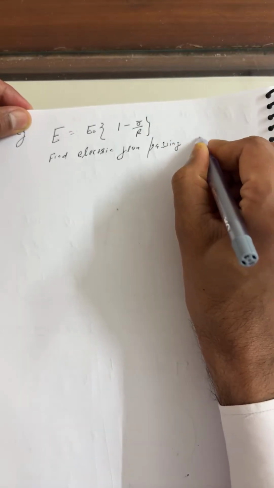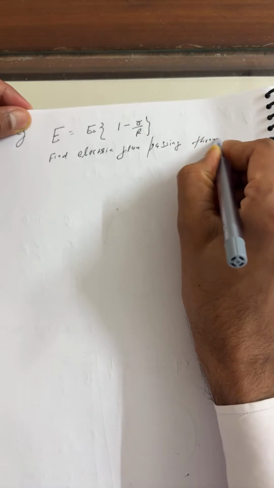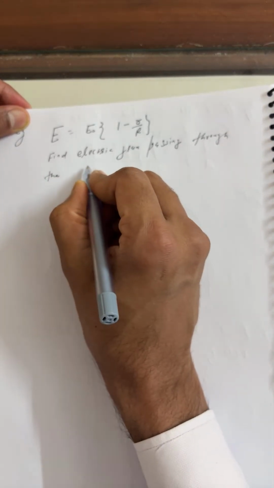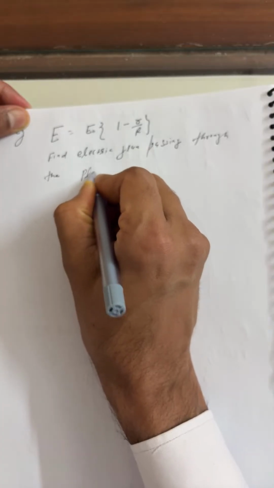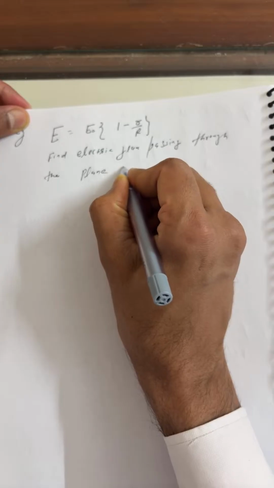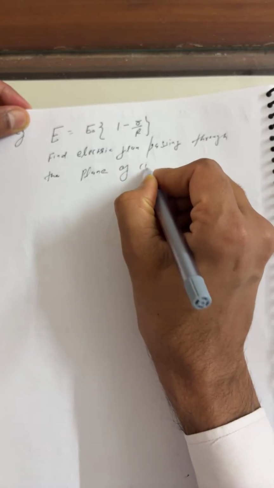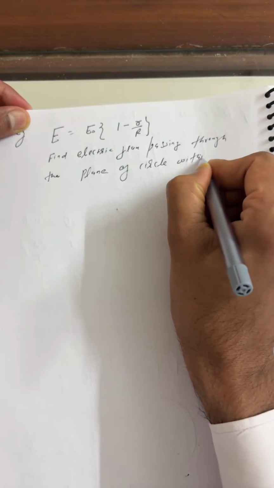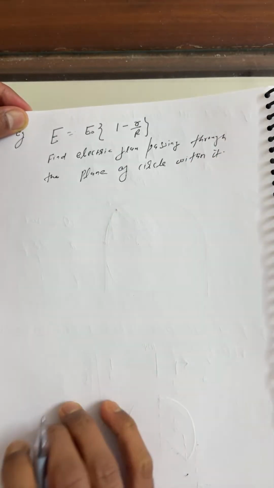Electric flux passing through the plane of a circle within it.